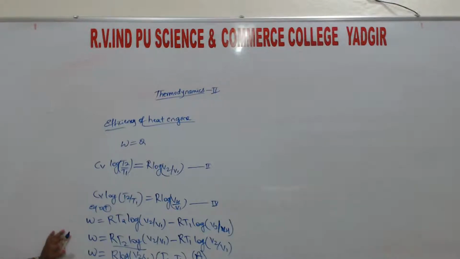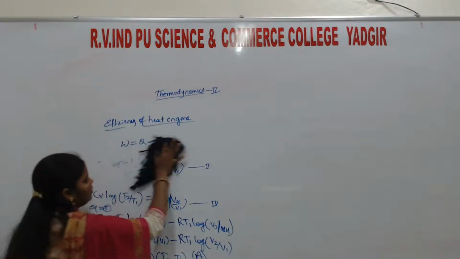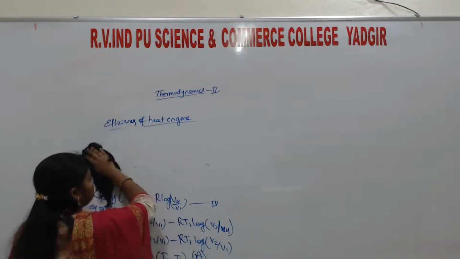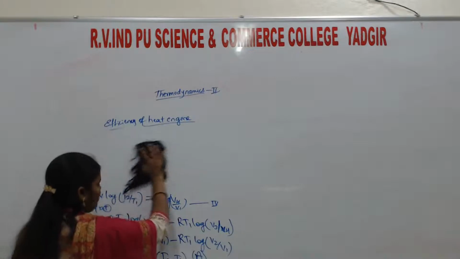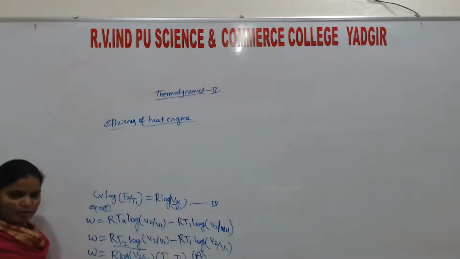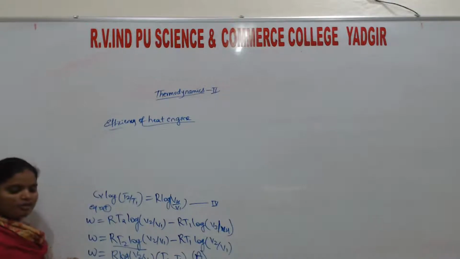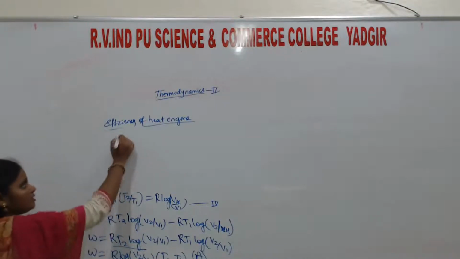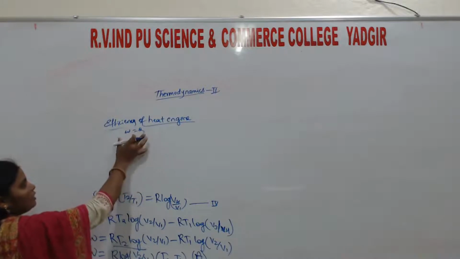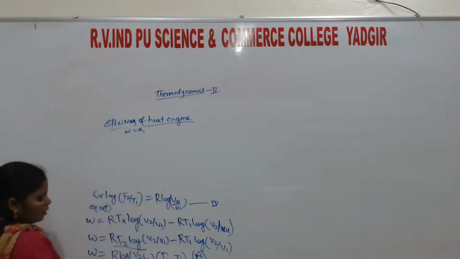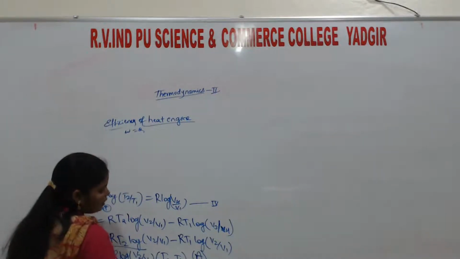Okay, then I write another equation from equation number 6. The efficiency of a heat engine is W by Q. Here W is equal to R log of V2 by V1 into T2 minus T1.